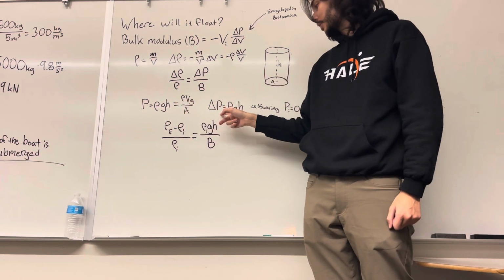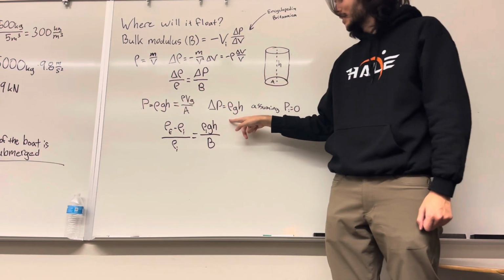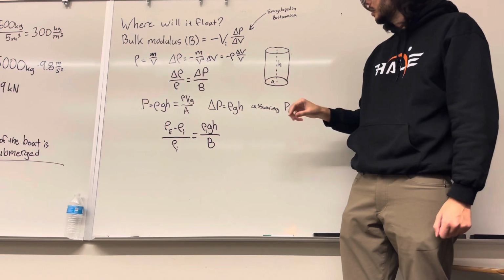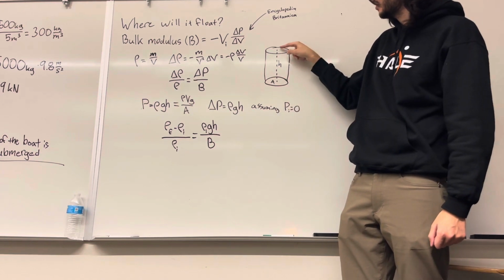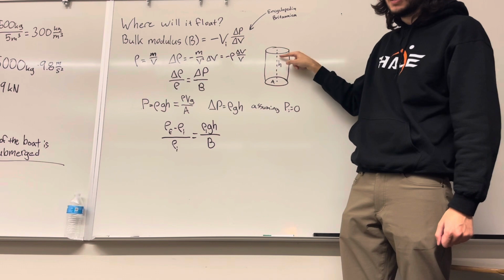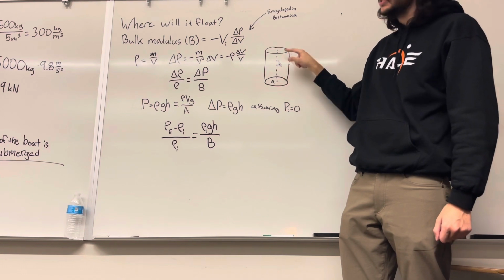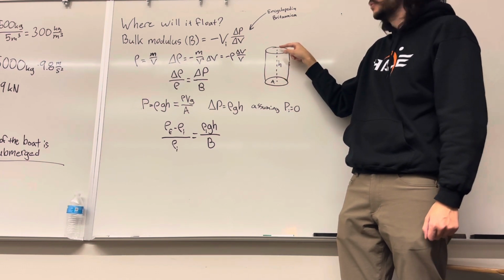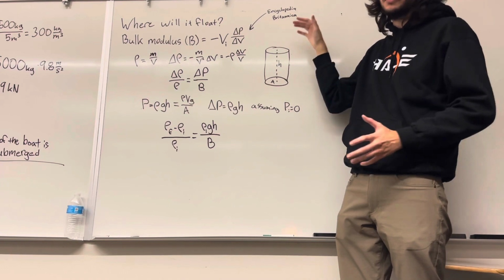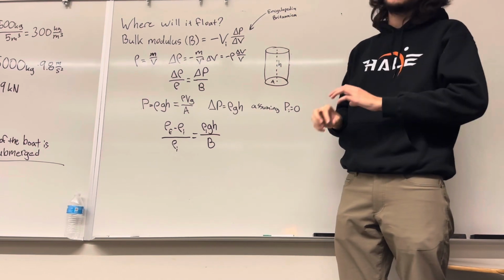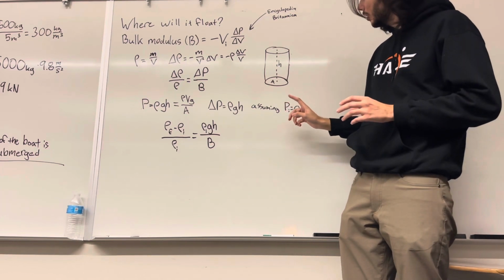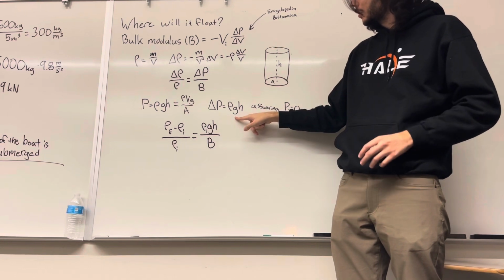Our change in pressure we can represent as the same thing, because if we're looking at a system like this where we have some object and it sinks down to this depth, its initial pressure is going to be equal to 0. There's nothing above it. There's no column of fluid pushing down on it. So we can just ignore the initial pressure, and that just gives us our change in pressure.